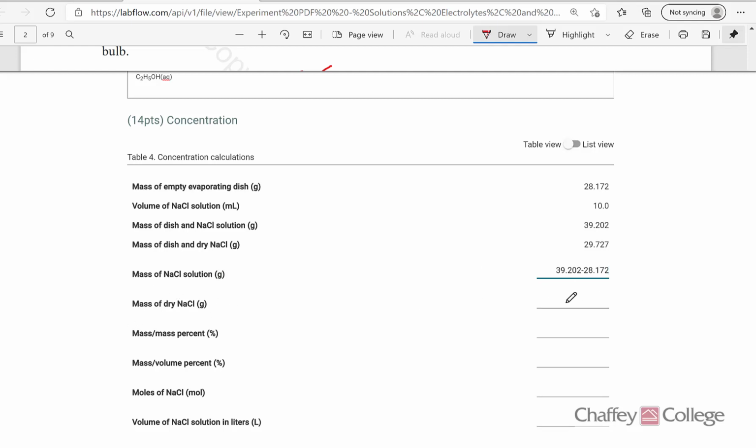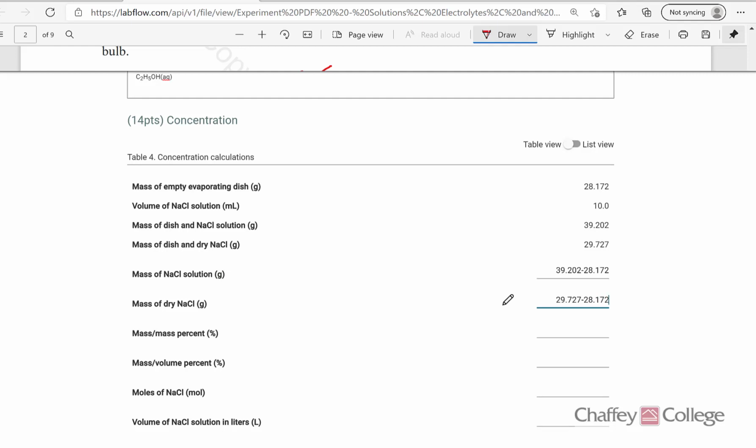Similarly, for the mass of dry NaCl, take the mass of dry NaCl and dish together, which is 29.727, and then subtract the empty dish, which is 28.172.